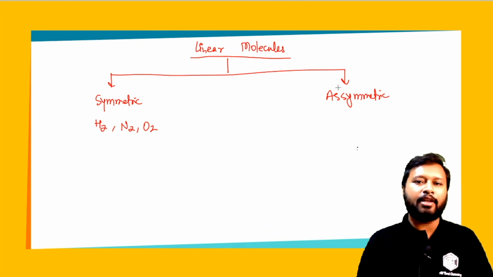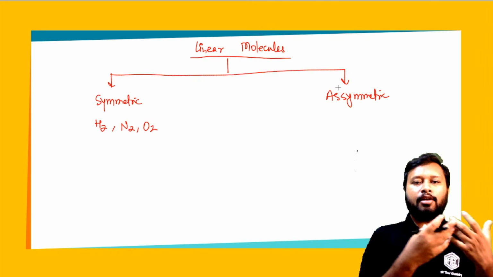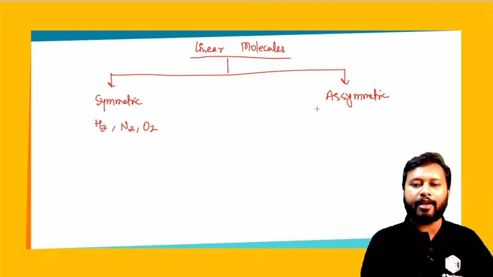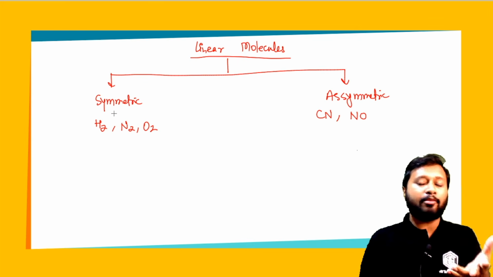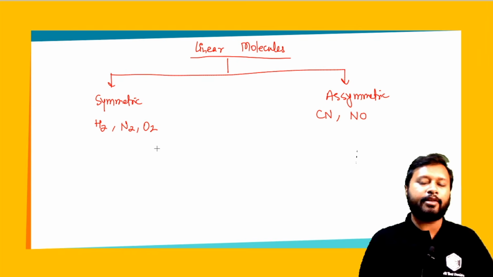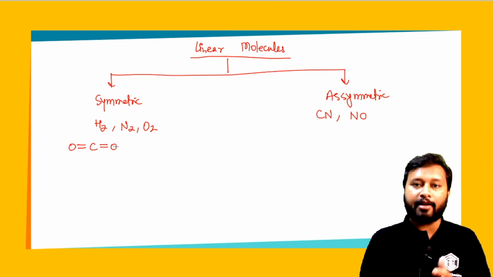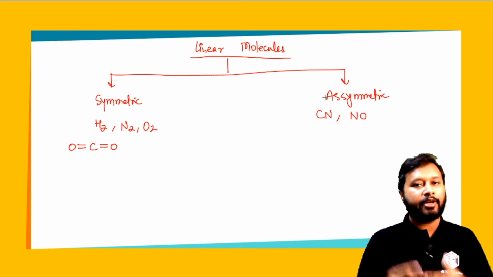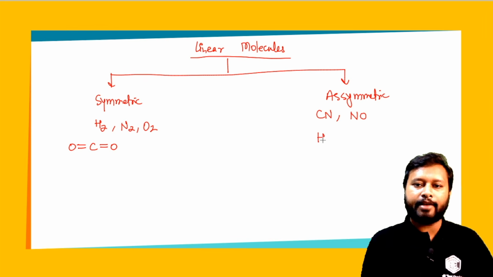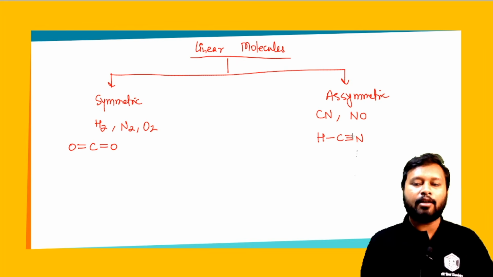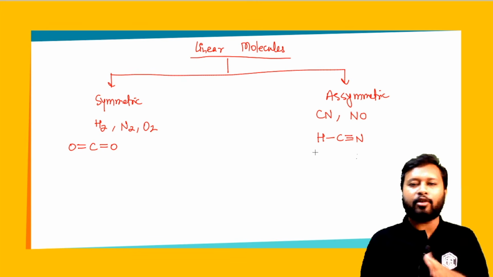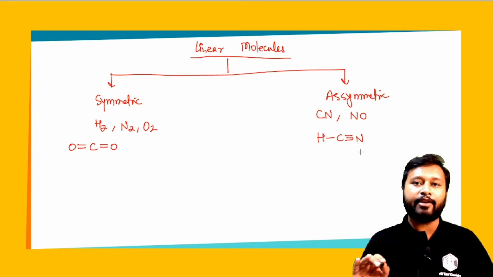Then asymmetric molecules are any heteronuclear diatomic molecule, like for example CN, NO. Symmetric molecules can also be triatomic or polyatomic, for example carbon dioxide, which is linear because you can bisect it into 2 equal halves through the carbon. Asymmetric molecules can also be polyatomic, for example HCN, which is asymmetrical because you cannot bisect it into equal halves. One side you have hydrogen and the other side you have nitrogen.